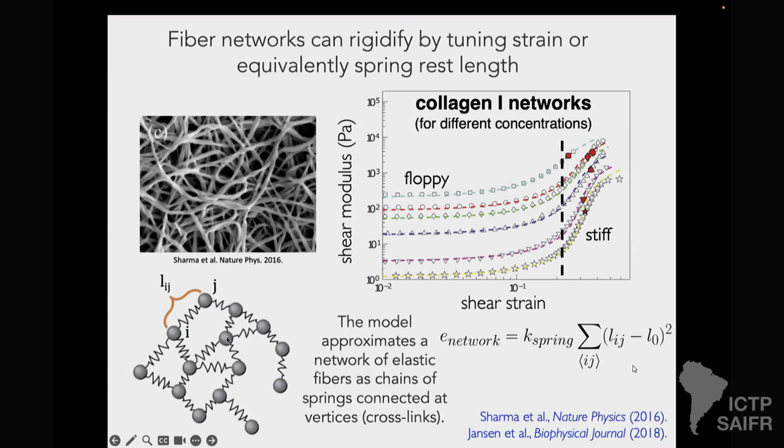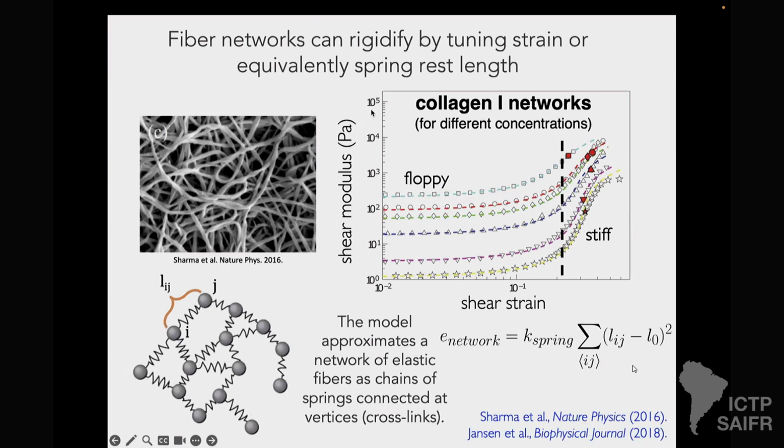So I told you at the beginning that fiber networks undergo this huge strain stiffening transition. So this is that same data shown in a different way. Now you're looking at the shear modulus of a collagen network as a function of the applied shear strain, how far you've basically sheared the box now instead of dilated or uniaxial.